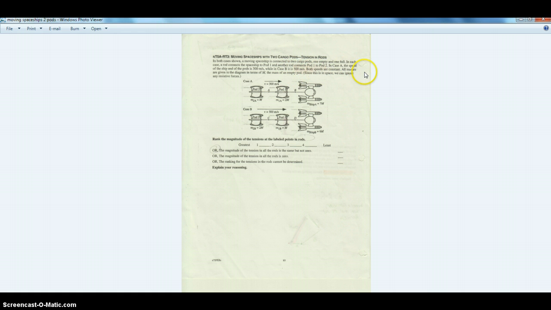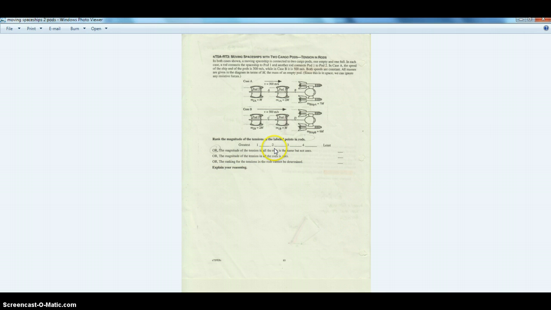Both speeds are constant. So what we really need to know is that they are constant speeds. And I put the magnitude of the tension in all the rods is the same but not zero. It cannot be zero, but it's obviously the same because they are going at constant speeds.